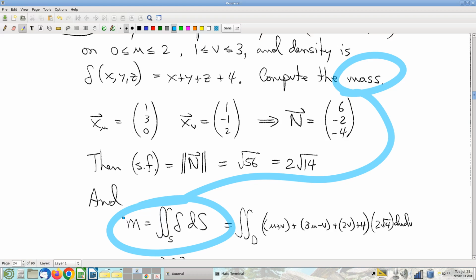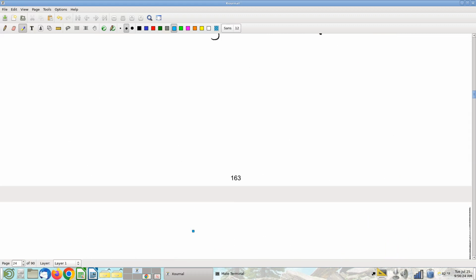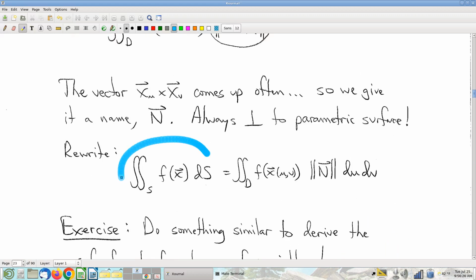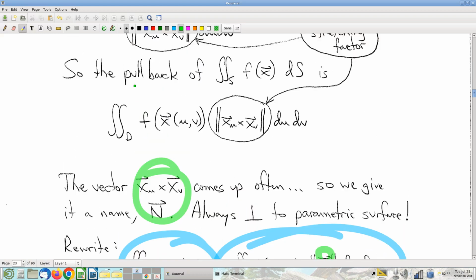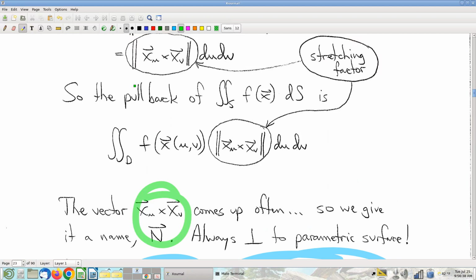We've just got to figure out now, how do I compute this scalar surface integral that we just defined? And of course, we're just going to use the formula on the previous page. Here you go. If you want to compute a scalar surface integral, then apparently we're going to need to know this thing called n, which is the cross product of these partials. So I'm going to have to take partials of my parameterization.